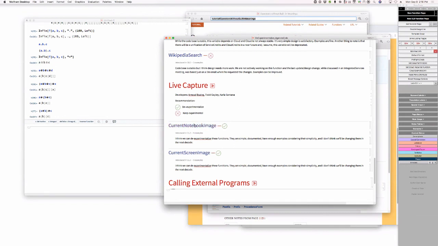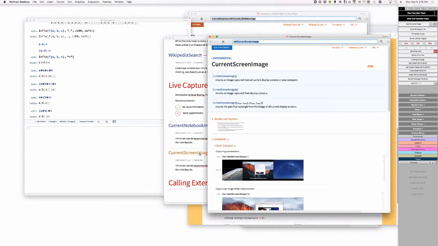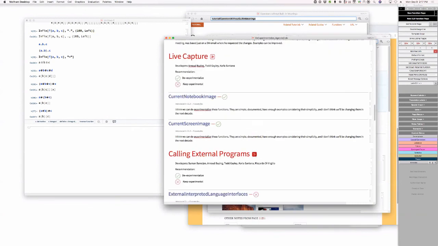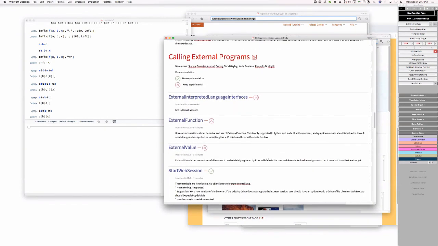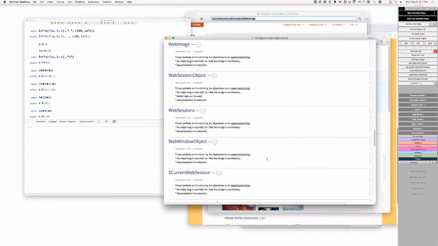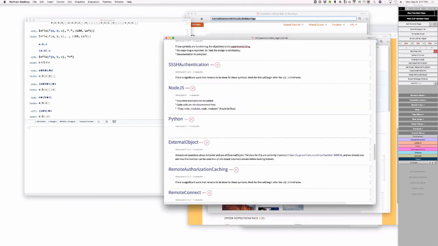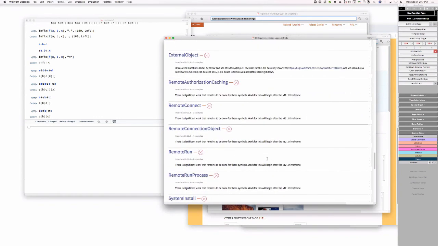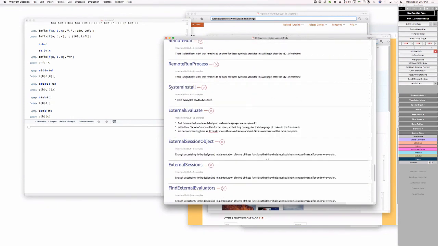I agree that these could be de-experimentalized, unless the only thing about screen image is this question about which screen you're talking about. But I guess we're okay with that. I guess that works okay. This needs more discussion. Wow, you don't want to de-experimentalize external evaluate.